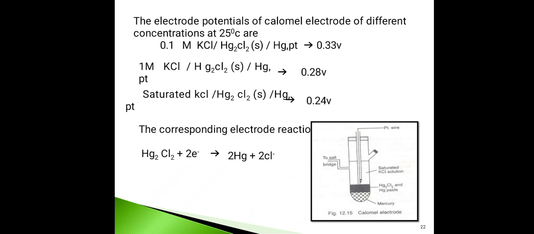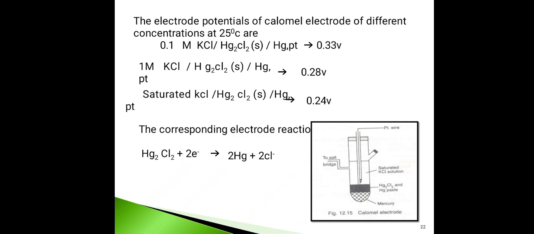So these are the three different types of calomel electrodes based on the concentration of potassium chloride: the saturated, decinormal, and normal calomel electrodes.